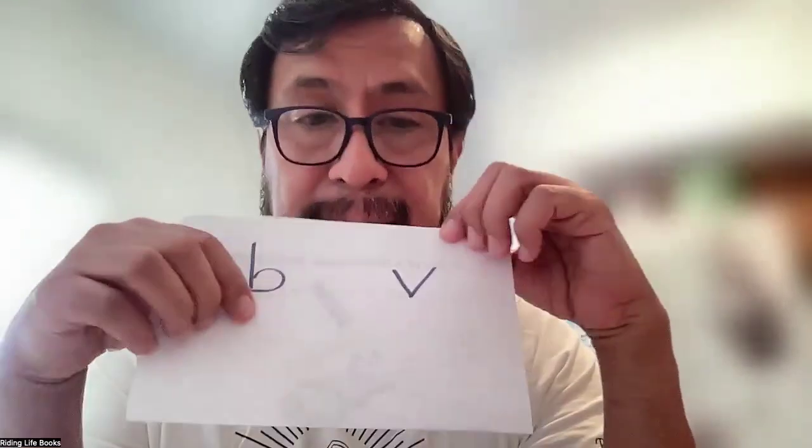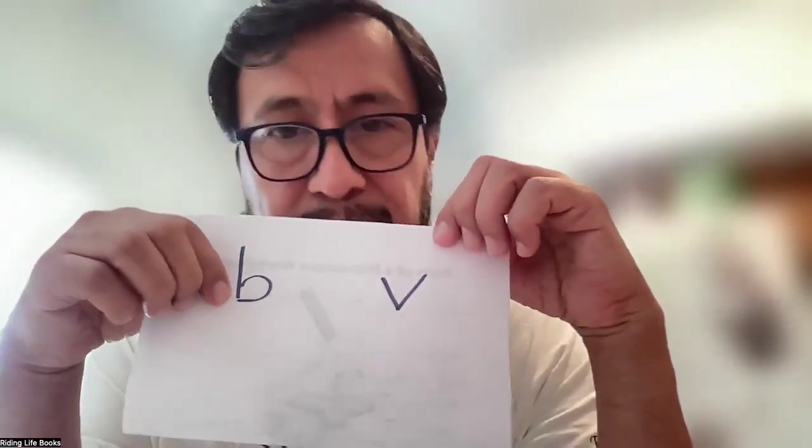So, okay, guys. Now, after you have done this exercise, let's work on the way these phonemes are produced. The first one, the letter B, is called bilabial, and also plosive, because we produce it with our lips.